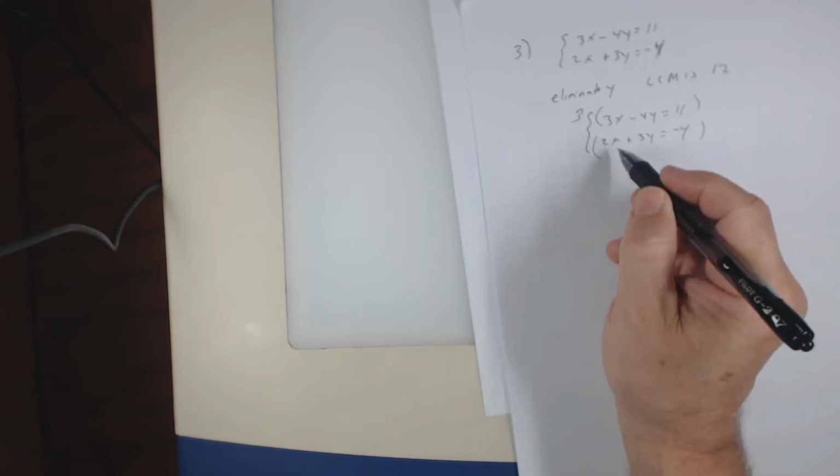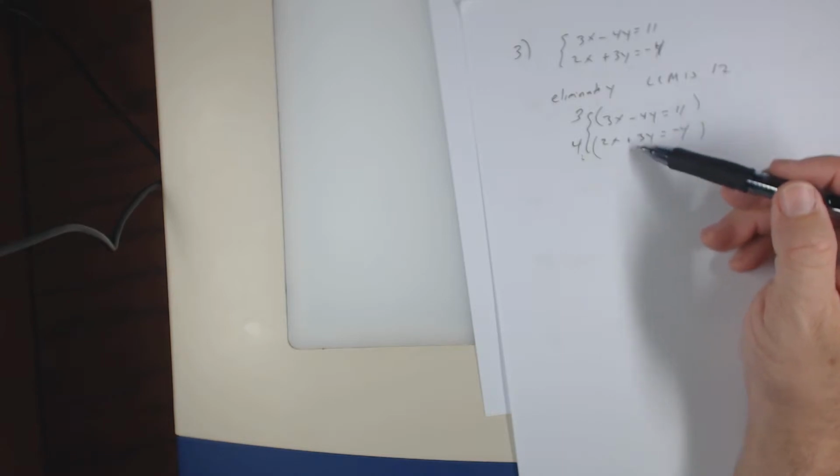Positive. So what do I have to multiply -4 by to get a 12? Do you see this right here? Okay. What do I have to multiply positive 3 by to get a 12? 4, right? Don't say negative, because see, one's already negative, the other's positive.